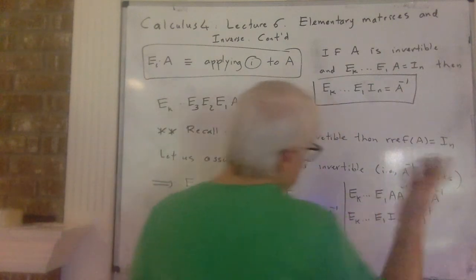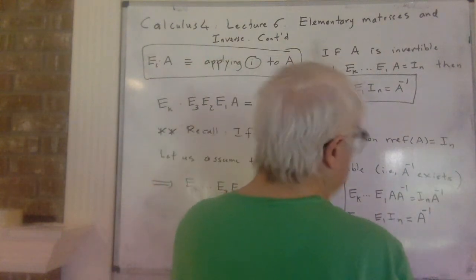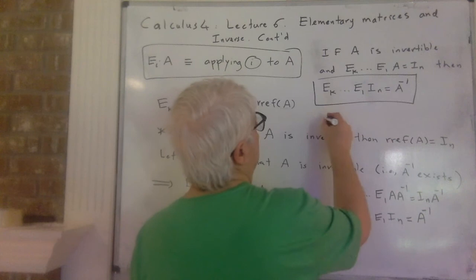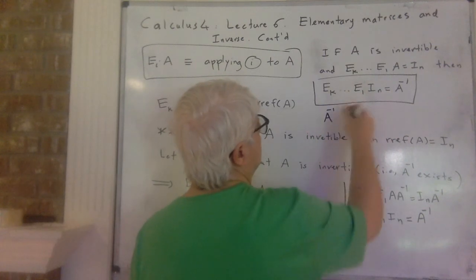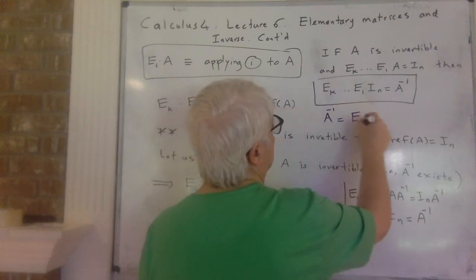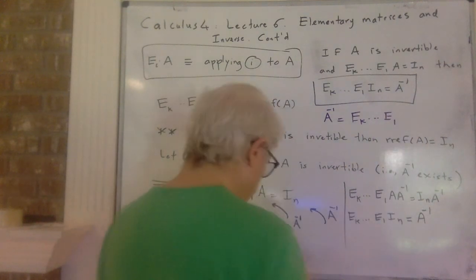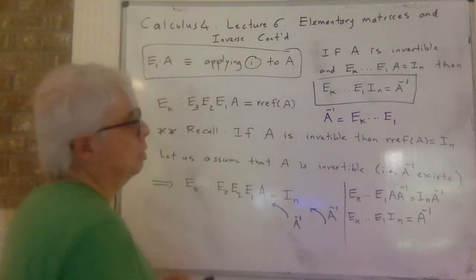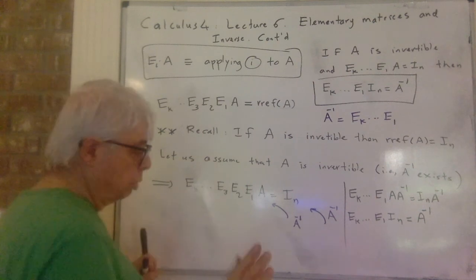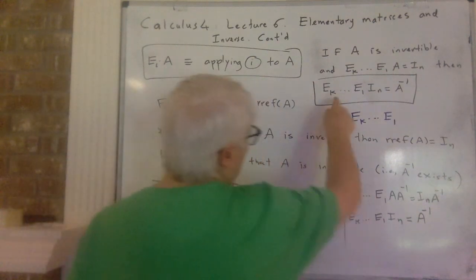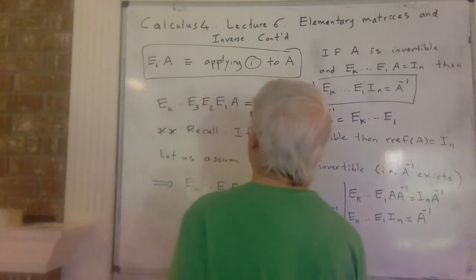So you can say, okay, this also means that I have found A inverse. If I know all these things, then it is in fact a product of the EIs. A inverse is the product of these EIs. That's correct. But I need this one for an algorithm.